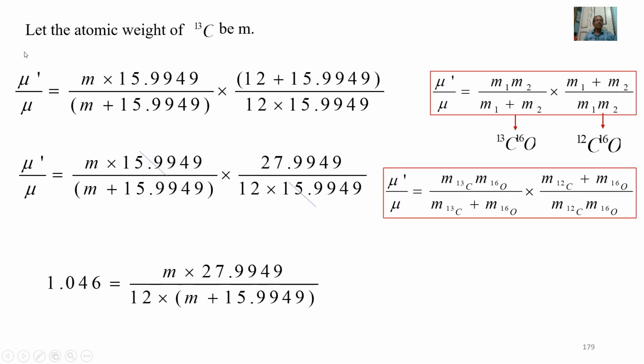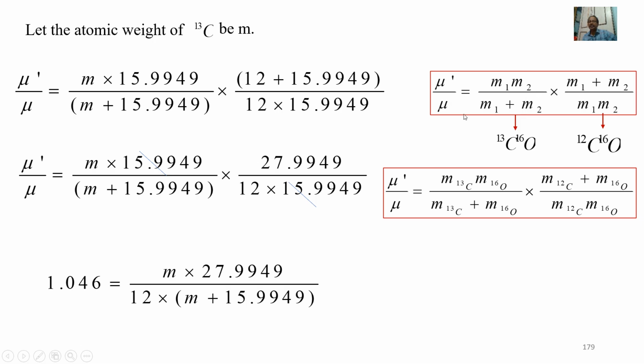So let the atomic weight of carbon 13 be m. So we'll have mu dash by mu, and we know the formula m1 m2 divided by m1 plus m2 for mu dash, and for mu it is just a division.